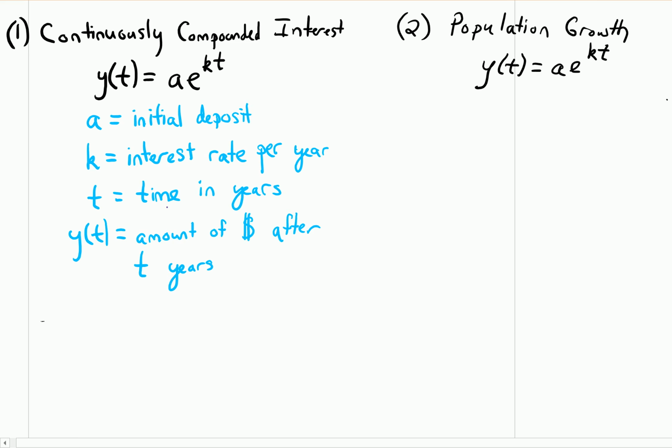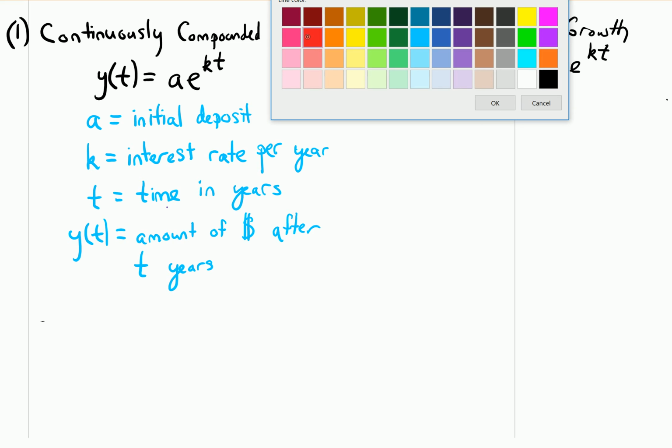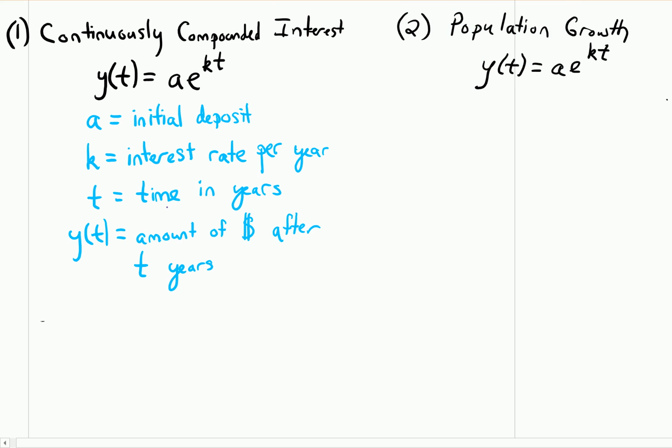Okay, so I want to write those down. Okay, so in the situation of population growth, a, that constant in front, represents the initial size of the population.